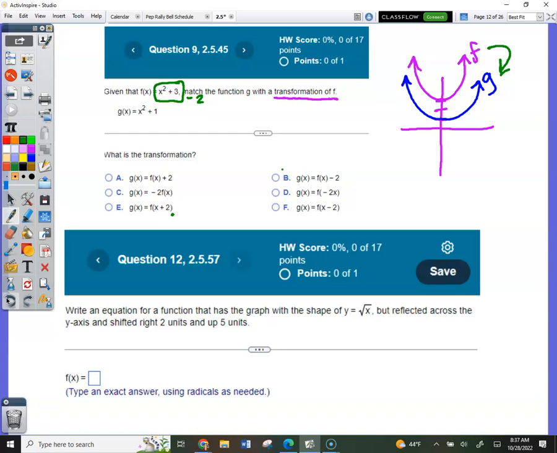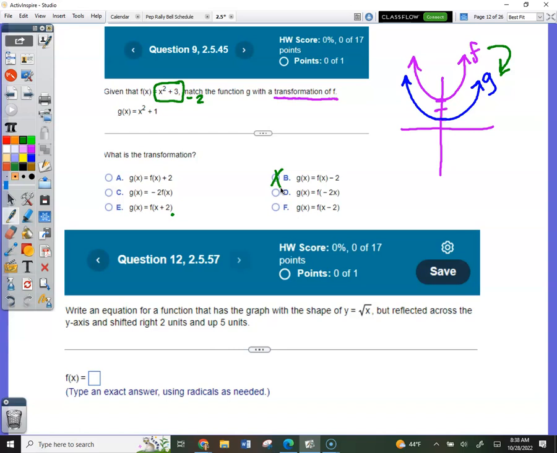Right 2. So that's why this is the answer. Because this would take function f, and it would bring it down 2, and it would land in place of function g. Does that make sense? So that one was a little tricky because of the way the question is worded, but it's just one adjustment to a function, and it's asking you what adjustment needs to be made. If you need a visual, just graph it, sketch a graph.